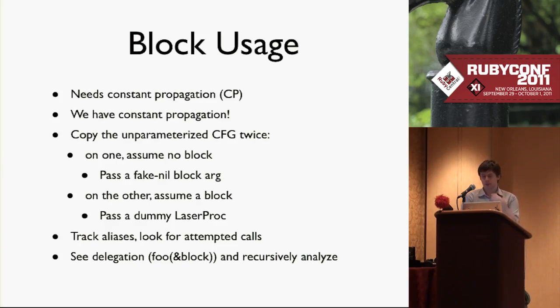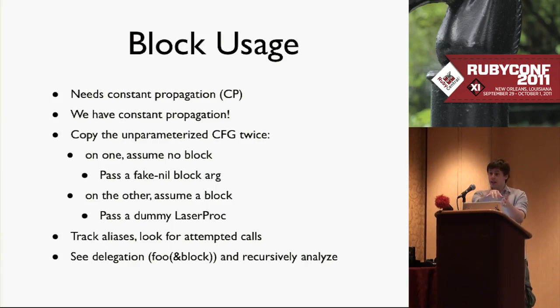There are reasons to parameterize this, but for the most part it's not worth it, and it would save a lot of memory and time. On one, we assume there's no block. We pass a fake-in block argument to the constant propagation system. And on the other, we tell it there is a block. We tell it always return true for block_given? and all those things, pass in a dummy lazy proc, and then we track the aliases looking for attempted calls.